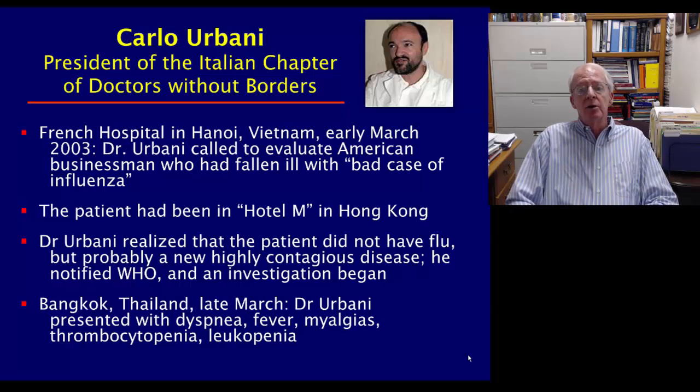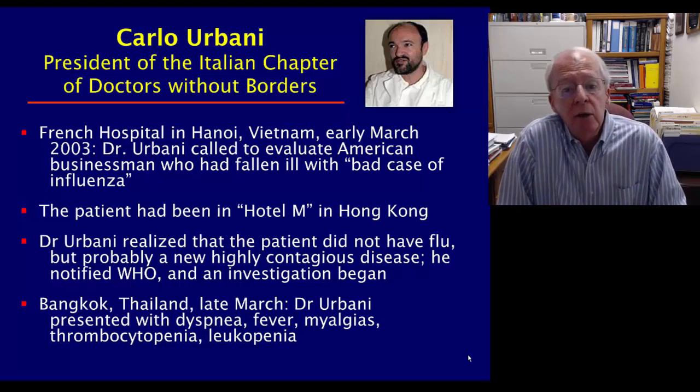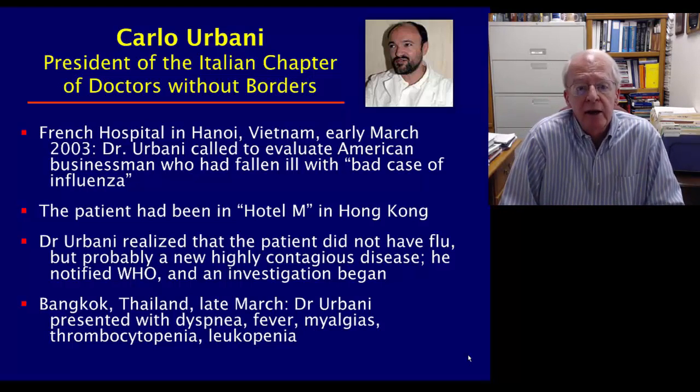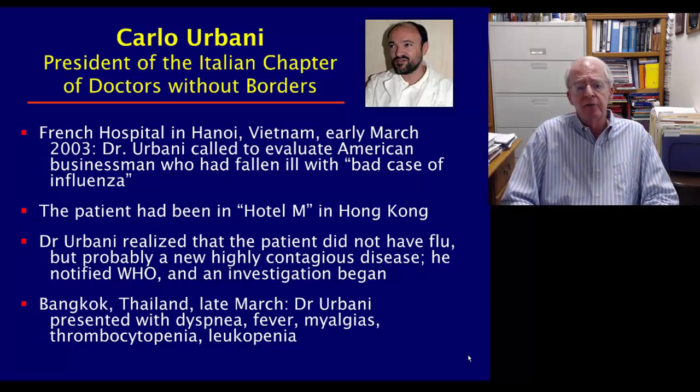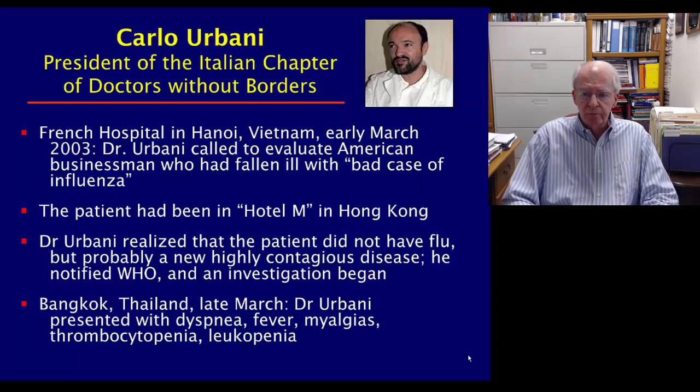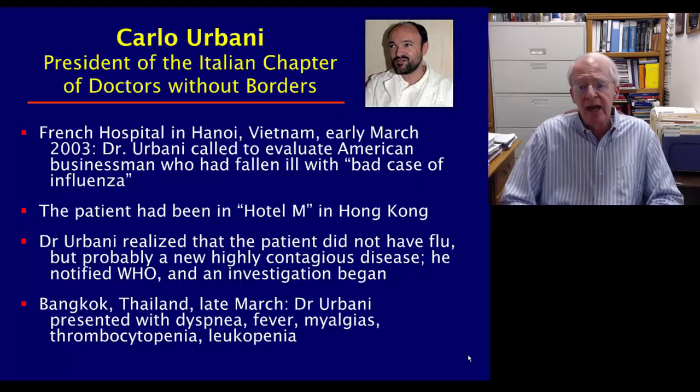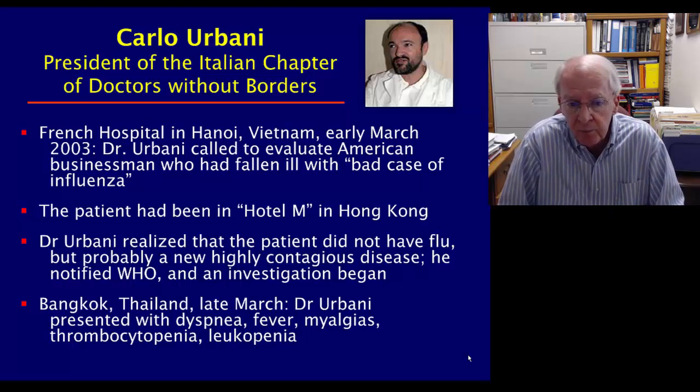This is one of the heroes of the early response to SARS, Dr. Carlo Urbani, who at the time was president of the Italian chapter of Doctors Without Borders and was working for the World Health Organization as a physician in the French hospital in Hanoi, Vietnam, where in early March of 2003 he was called to evaluate an American businessman who had fallen ill with what was described as, quote, a bad case of influenza.